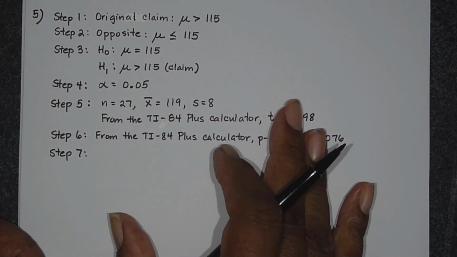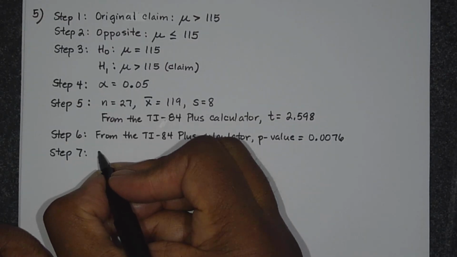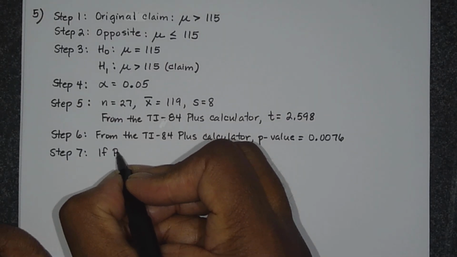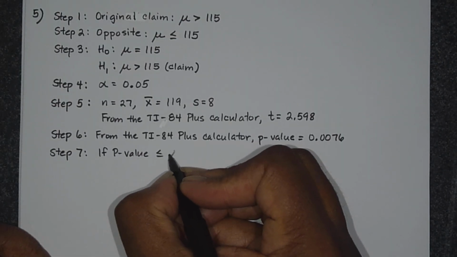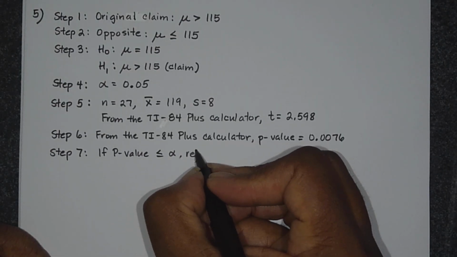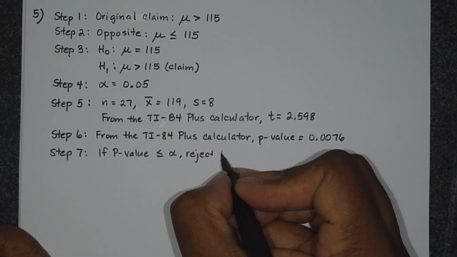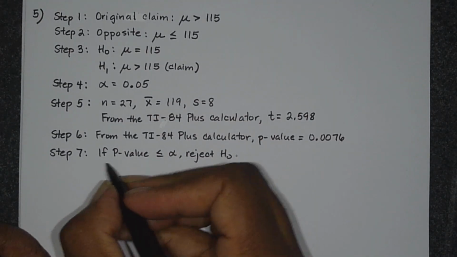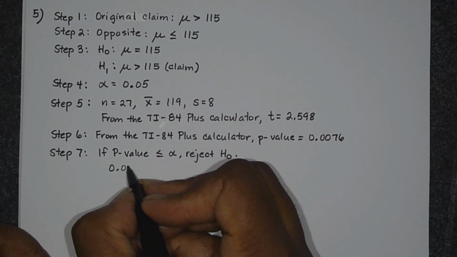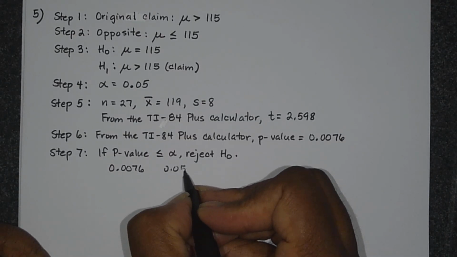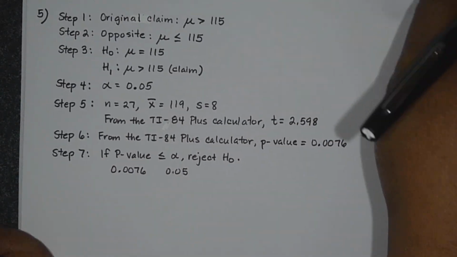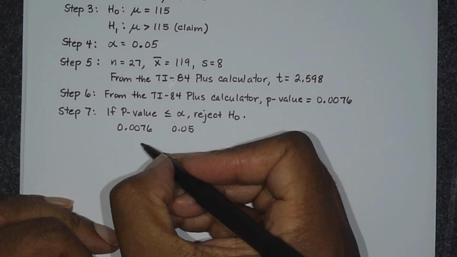And now step number 7 is coming up with our decision rule, whether to reject the null or fail to reject the null hypothesis. So if our p-value is less than or equal to alpha, you want to reject the null hypothesis. The p-value was 0.0076. Our alpha level is 0.05. Is 0.0076 less than or greater than?